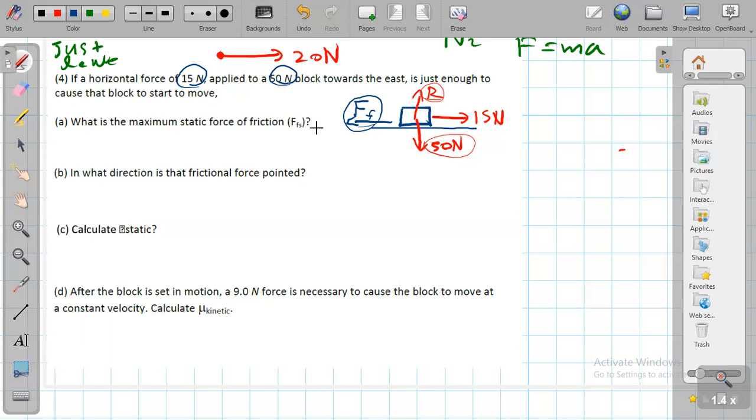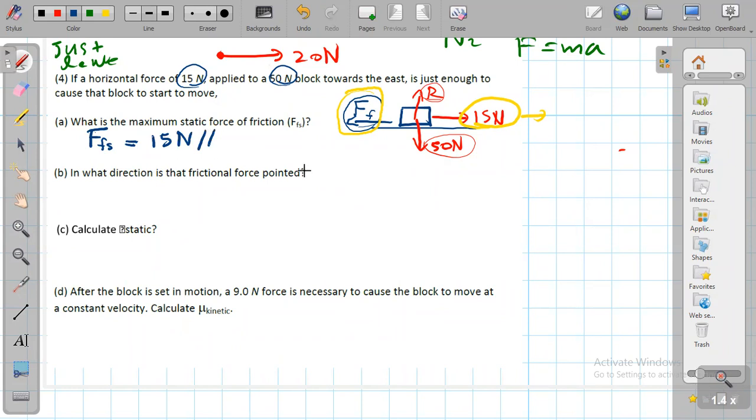Okay. What is the maximum static friction? According to this diagram, there is a 15 Newton force. This should be balanced by the other force. What is the other force? That is this friction. So what is the maximum friction force? The friction force is 15 Newton.